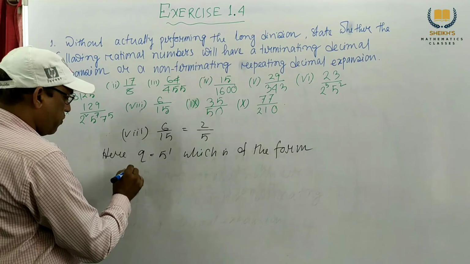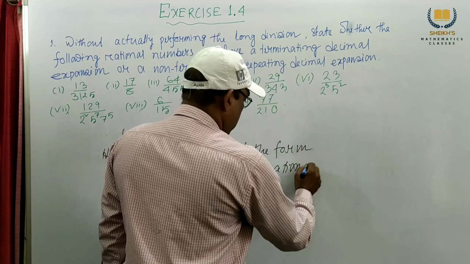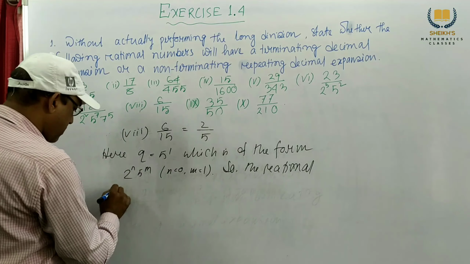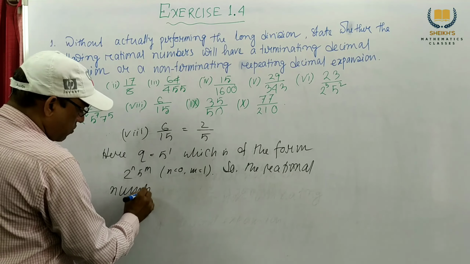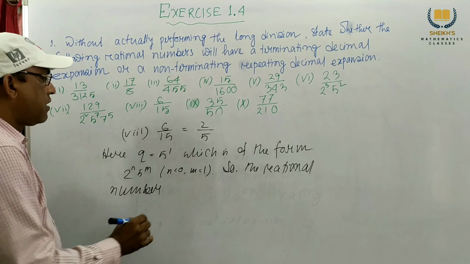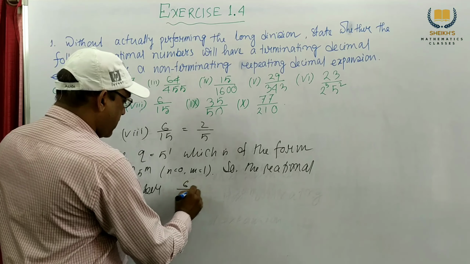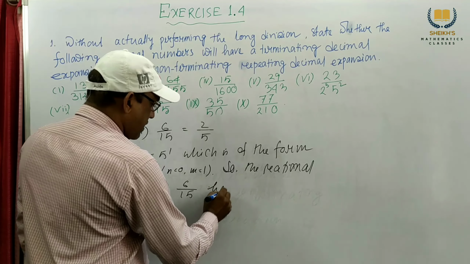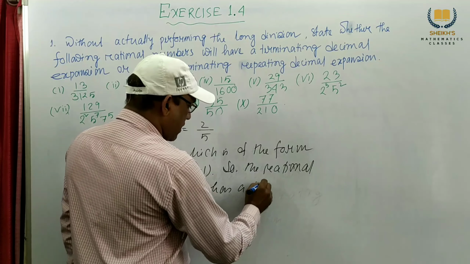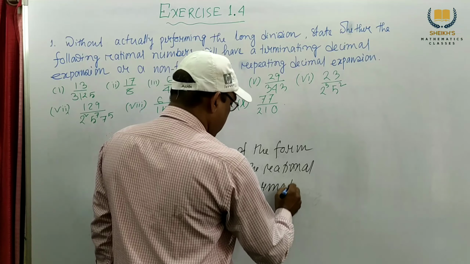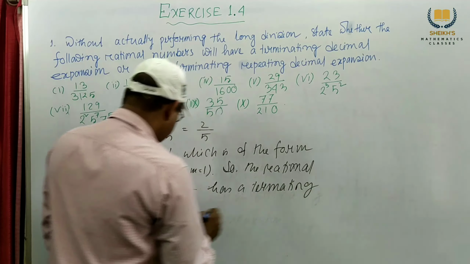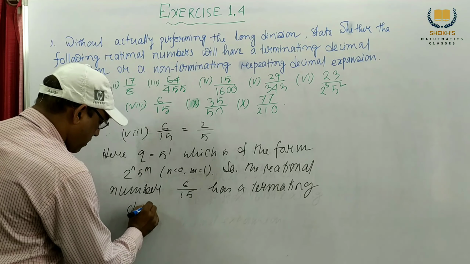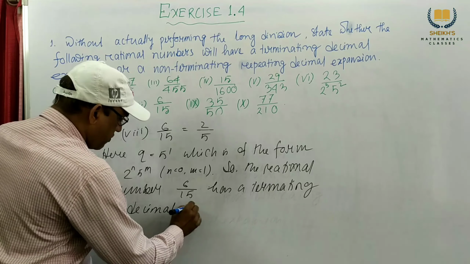So the rational number 6 by 15 has a terminating decimal expansion.